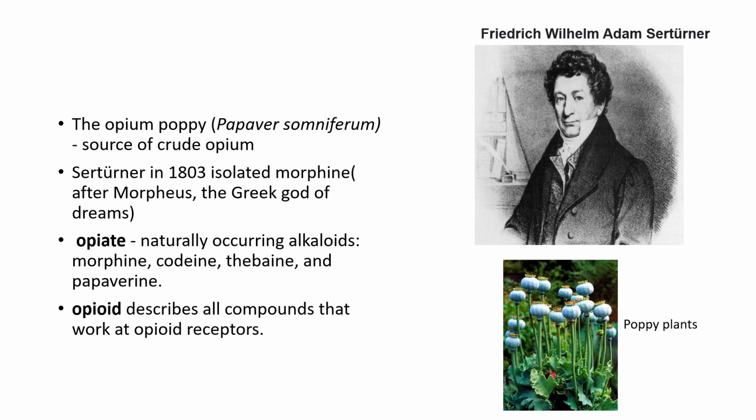All these alkaloids are obtained from the poppy plant. Opioid is the term which includes all the compounds that act on the opioid receptors. So opioid means any drug which acts on the opioid receptors, whereas opiate means the naturally occurring alkaloids.